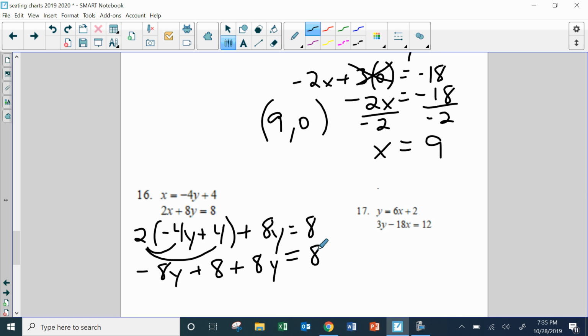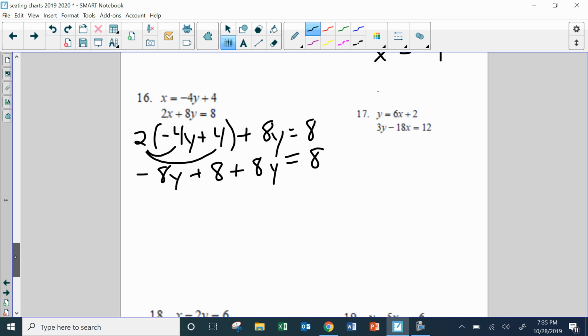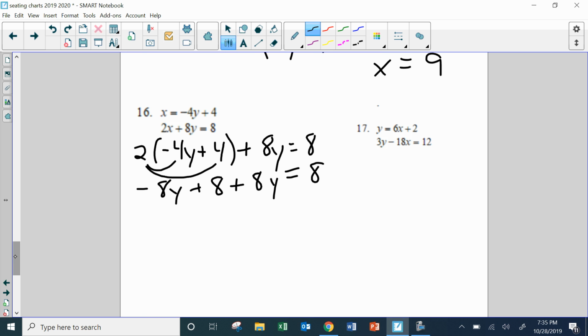And here's where something interesting happens. And we haven't really done this in class prior to this if you happen to watch it. If you'll notice, when I combine like terms, so I have like terms right here, y and y. When I combine those like terms, they cancel out. They go to 0. So I get 0 plus 8 equals 8.